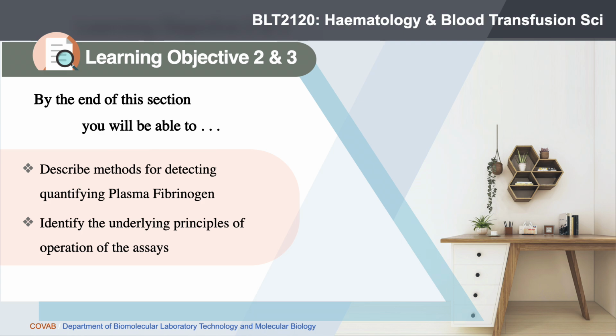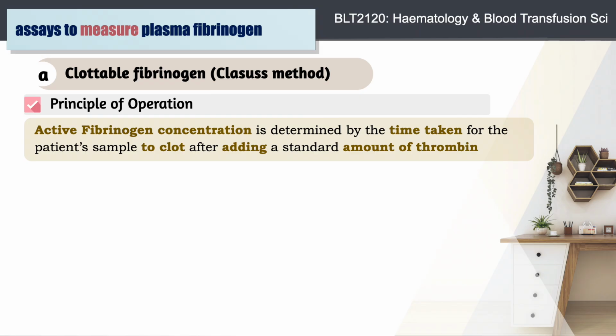So let's go to learning objectives 2 and 3. By the end of this section, you'll be able to describe methods that detect and quantify plasma fibrinogen, identifying the underlying principles of operation for the assays. The first assay we're going to look at is the clottable fibrinogen method, or the Clauss method.